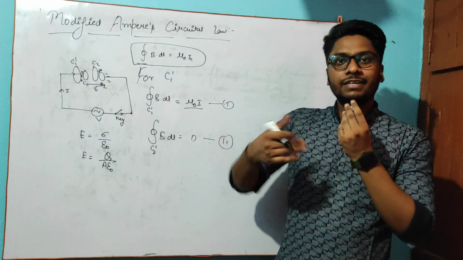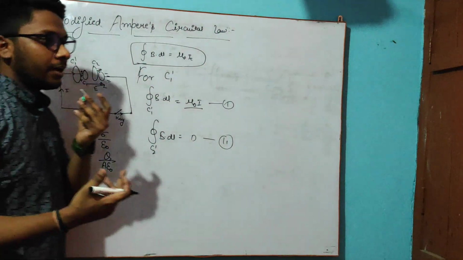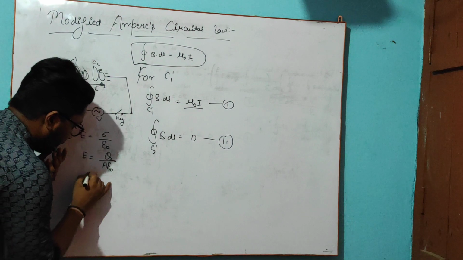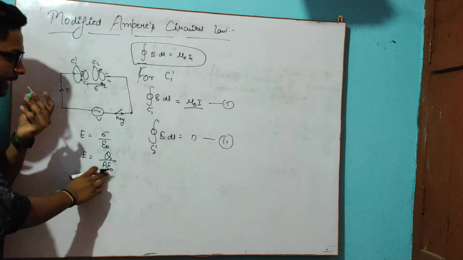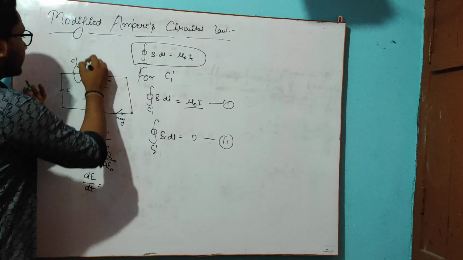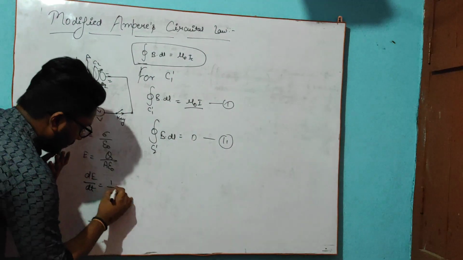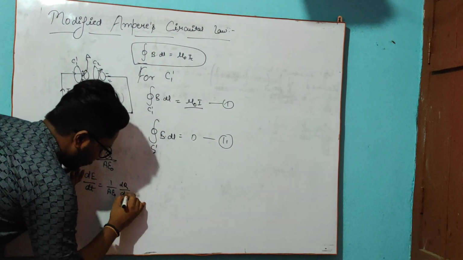It starts changing with time. So we take the derivative of this electric field to find out how much the electric field changes with time. So we find dE by dt is equal to 1 upon A epsilon naught dQ by dt, because the area is constant and epsilon naught is the permittivity.